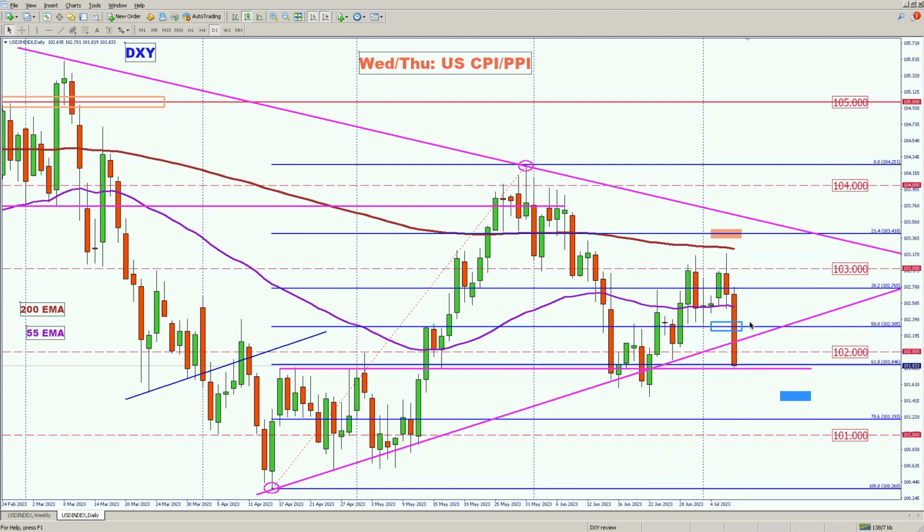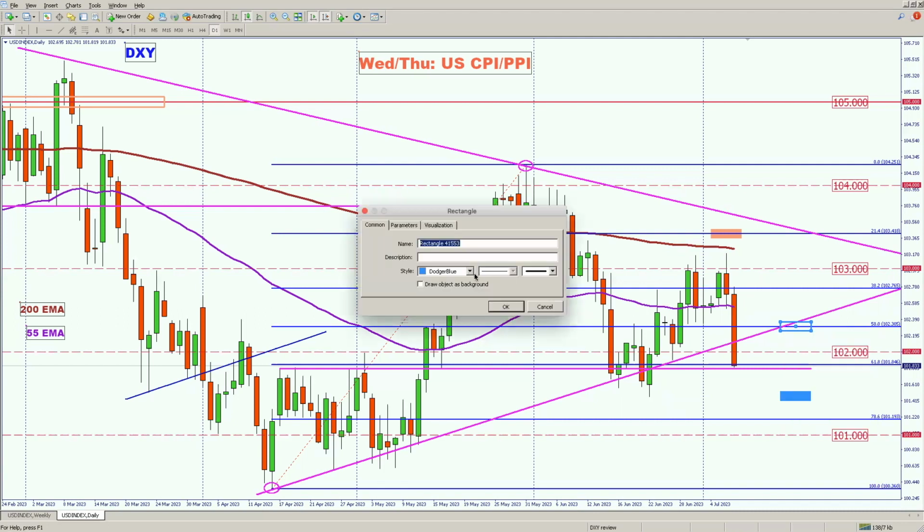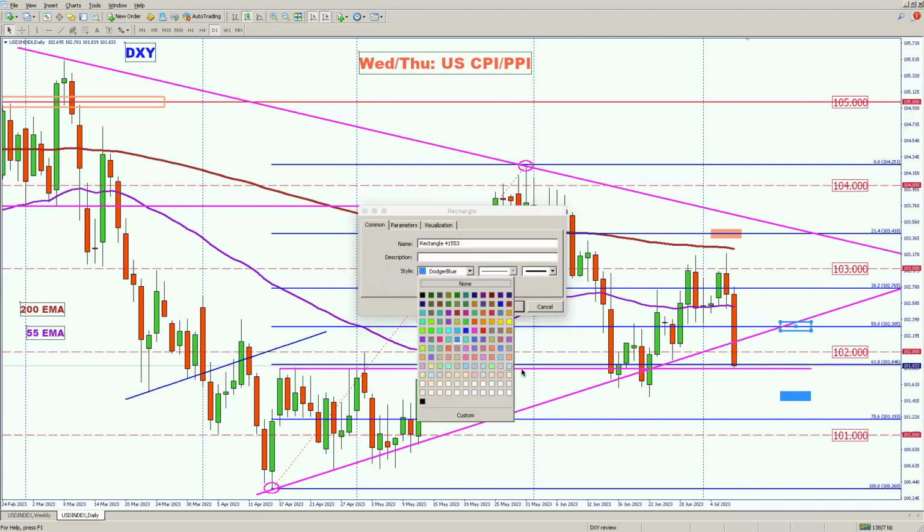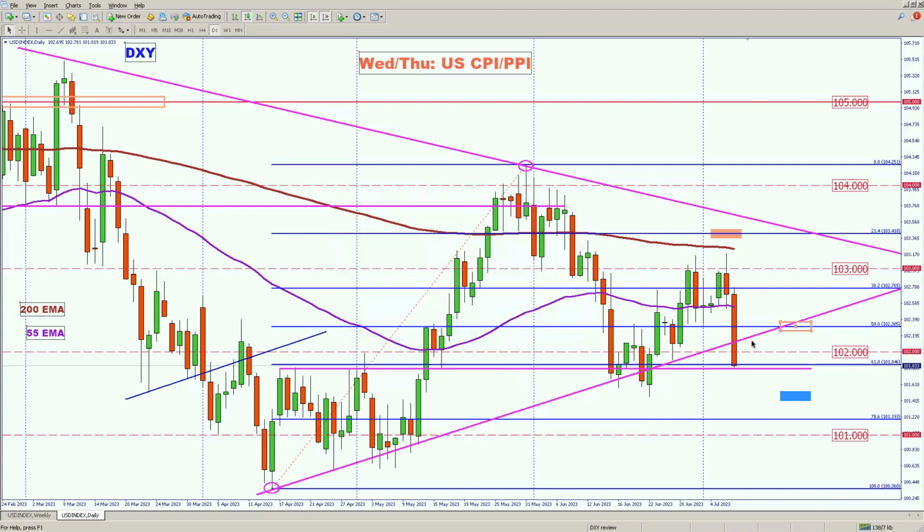And let's move this over to the 50 FIB, which is now the resistance zone, and it needs to climb back up above the 103 in order to recover.